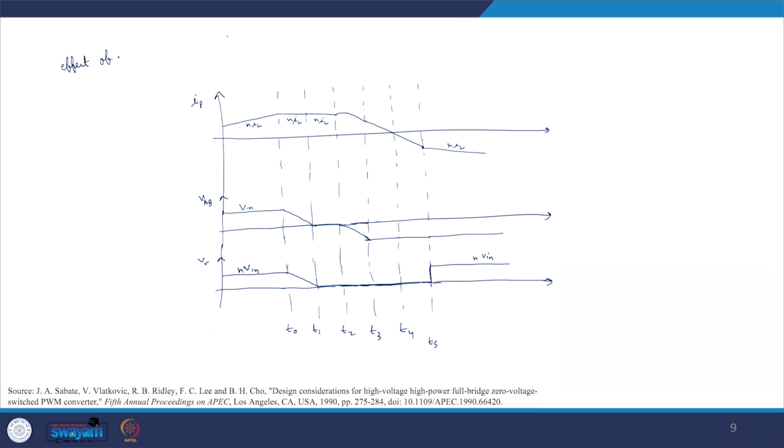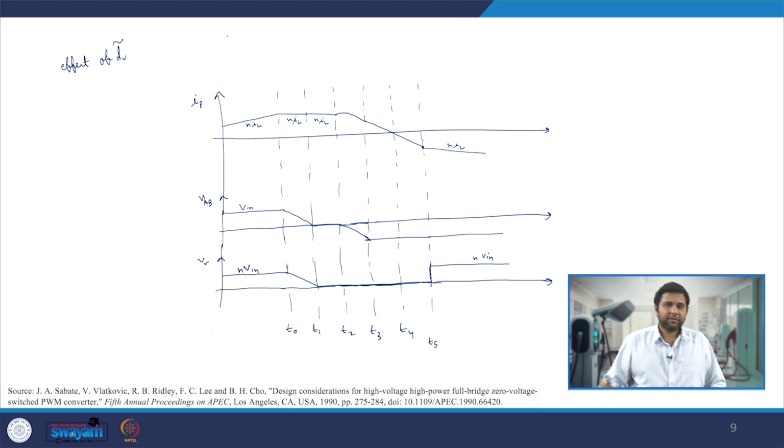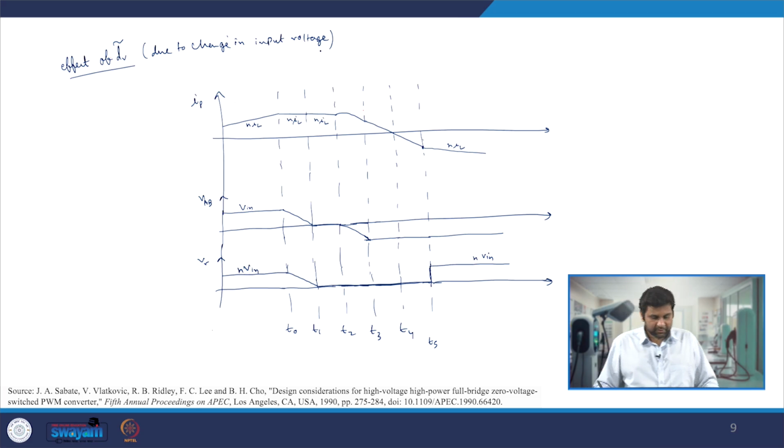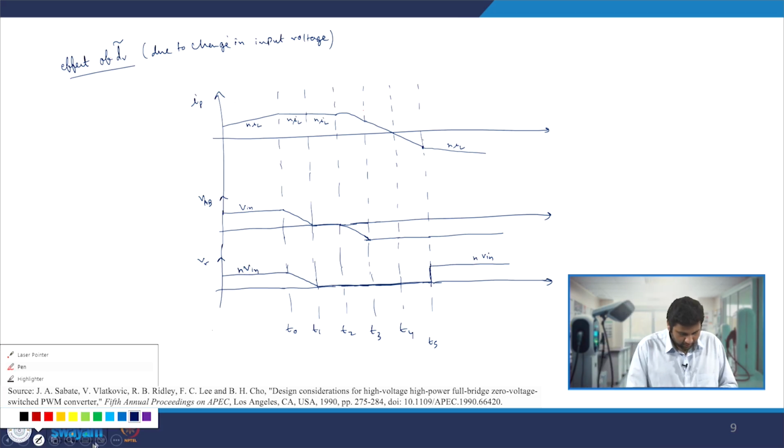So let us see the effect of dV, that means whenever there is a change in the input voltage. So during that time, let us see how our thing changes.